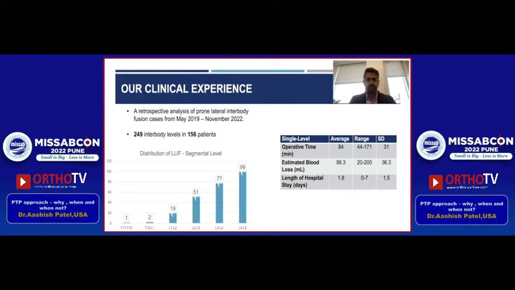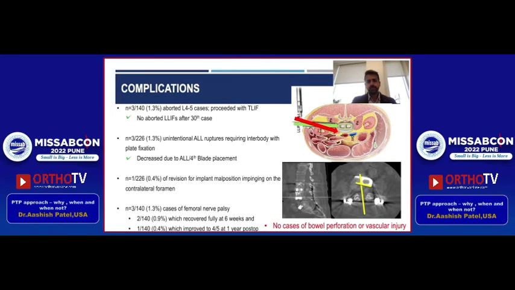Our clinical experience for the last 3 years performing this surgery is in 150 patients, 250 levels. You can see that most of our cases are L4-5, which is typical of pathology here. The complications that we had are very similar to the complications that we have for just lateral interbody fusion.